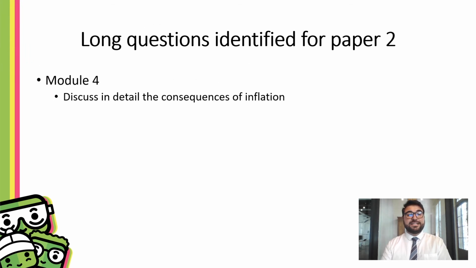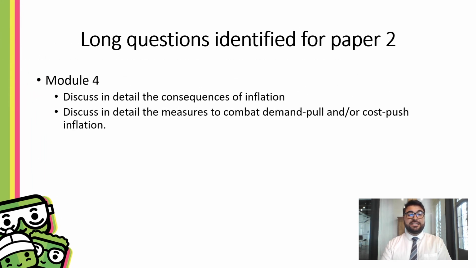First of all, discuss in detail the consequences of inflation, and then discuss in detail the measures to combat demand pull and/or cost push inflation. Now, they can ask you a combination of the 2, or they can be very specific and ask of you only one of them, either the demand pull or the cost push.